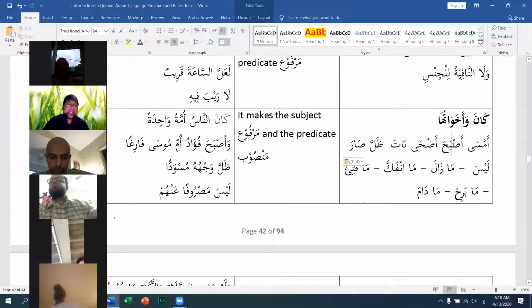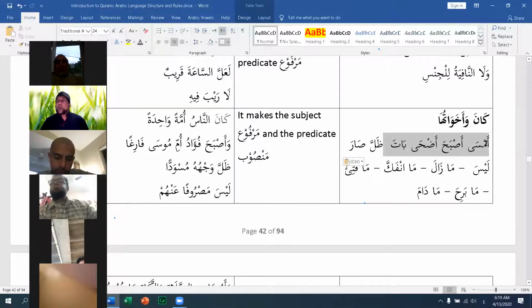Asbaha from sabah, which means in the morning. Adha from duha, which means early morning. Bata from night. The word bata means to spend the night. So amsa means the person became such and such, or the thing happened in the evening. Asbaha in the morning, adha early morning, bata at night.